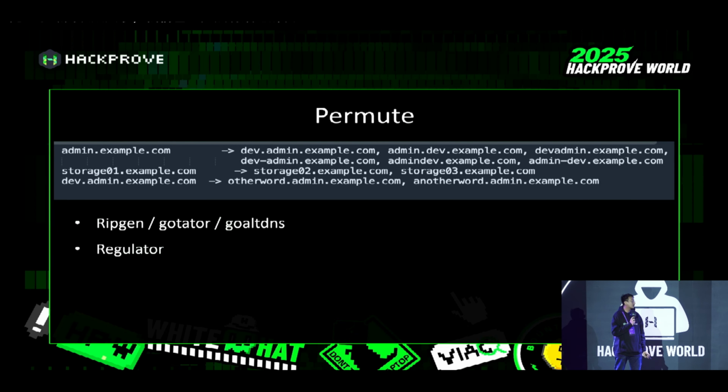So this is where regulator comes in handy. Instead of just permuting randomly on the basis of the given word list, it analyzes the provided subdomains, builds some regex on it, analyzes the pattern, and then outputs a much smaller, more compact subdomain list that is more likely to have valid subdomains.